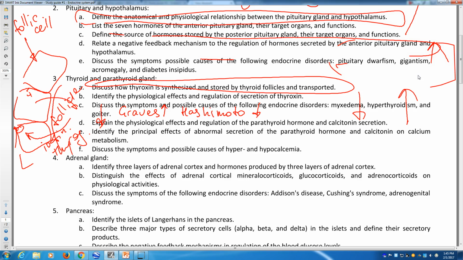Either low blood pressure, right? Or, what else? Electrolyte balance, high potassium. We need to spare something else. Stress. Very good. So I have three stimuli.